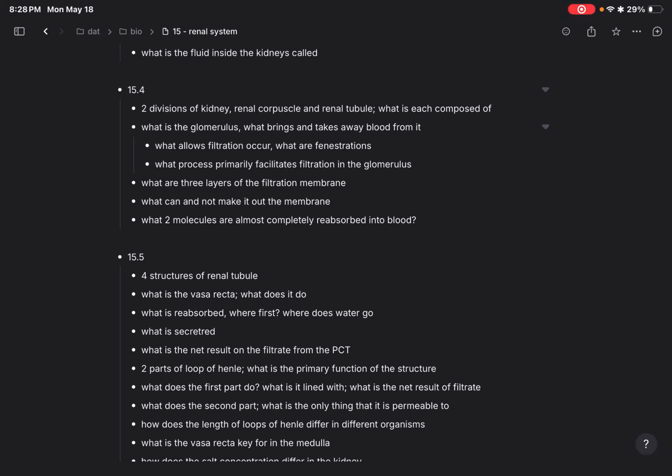So the renal artery will branch off into the afferent arteriole, which brings blood to the glomerulus, and then the efferent arteriole takes blood away from the glomerulus. Blood pressure, so hydrostatic pressure, will force the plasma through fenestrations, which are small pores, and that'll filter the blood.